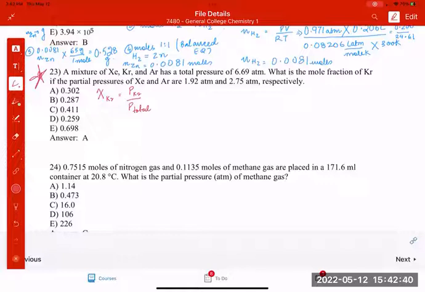Use this formula, and use this formula: P total is equal to P xenon plus P krypton plus P argon. Okay, let's do this one quickly. The total is 6.69 atm. I'm going to write it over there.